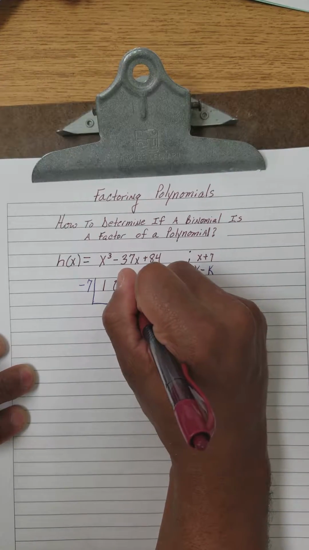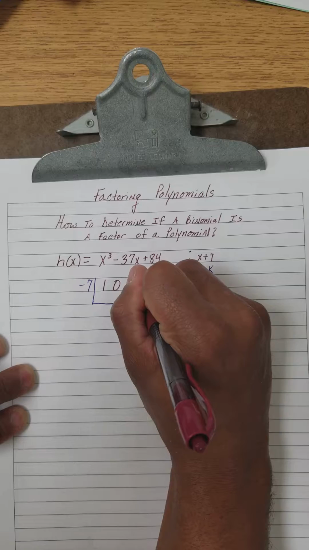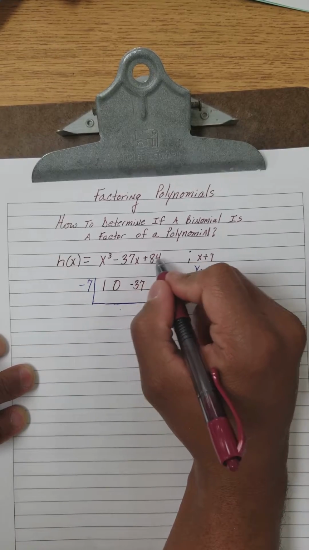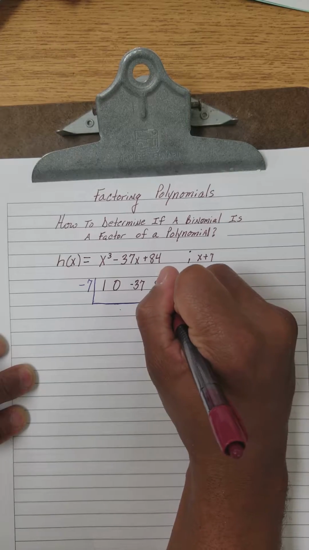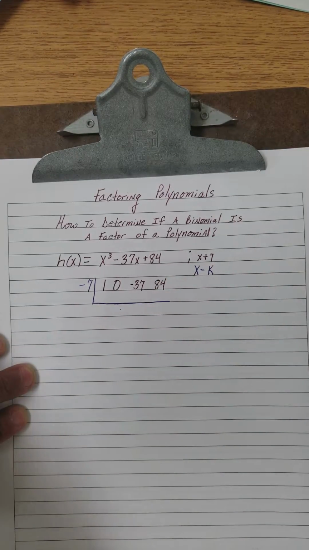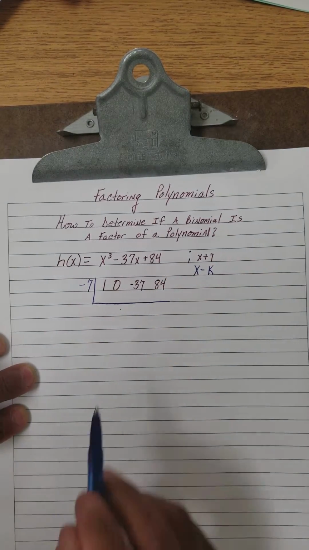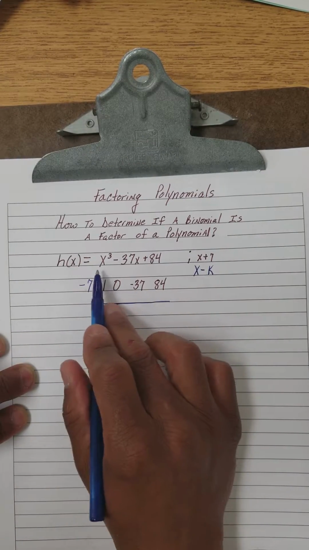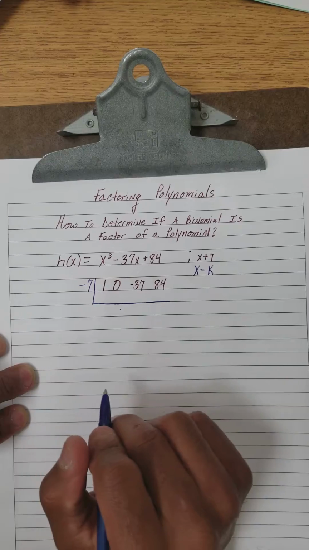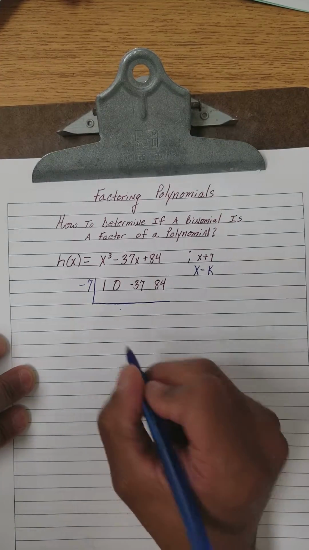In this case, it's negative 37. After x to the first, I'm going to go to x to the 0, which is my constant. So my constant, I have 84. All right. So 1, 0, negative 37, and 84 are my coefficients and constant that I get from my polynomial.